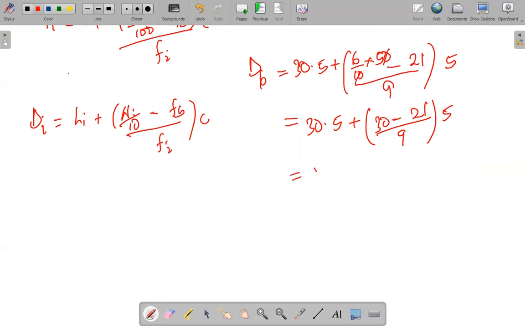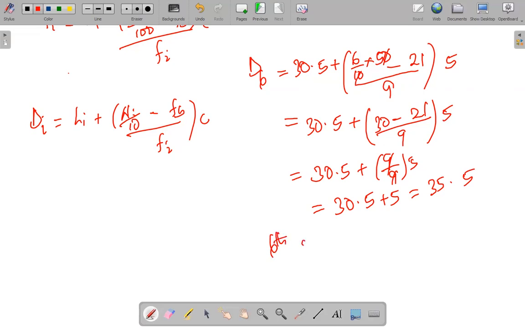So 30.5 plus 9 over 9 times 5. 9 divided by 9 is 1. 1 times 5 is 5. So 30.5 plus 5 is 35.5. Therefore, the sixth decile is 35.5.